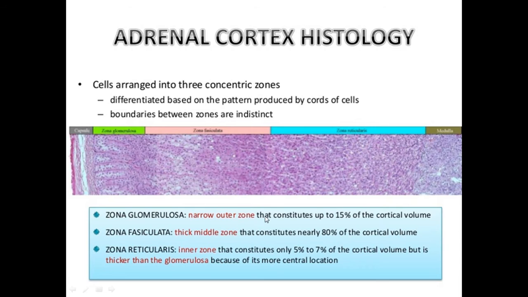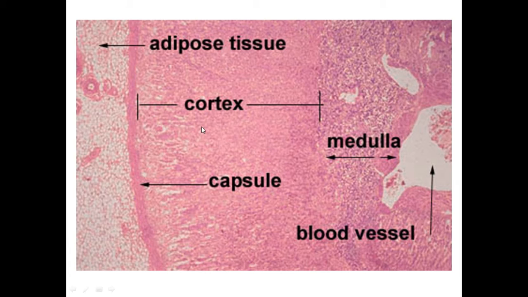Glomerulosa is a narrow part situated just beneath the capsule and consists of only 15% of the cortical volume. The thickest zone is the intermediate zona fasciculata, constituting almost 75 to 80% of the cortical volume, while the innermost zone constitutes 5 to 7%. These three distinct zones can easily be identified on H&E staining.